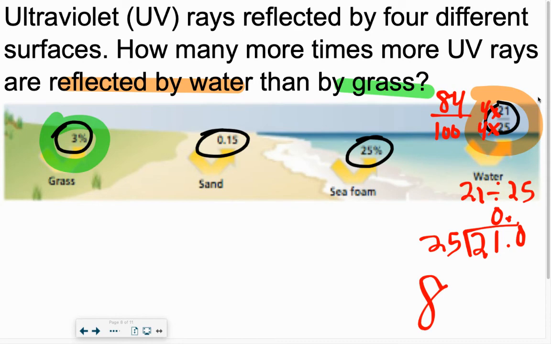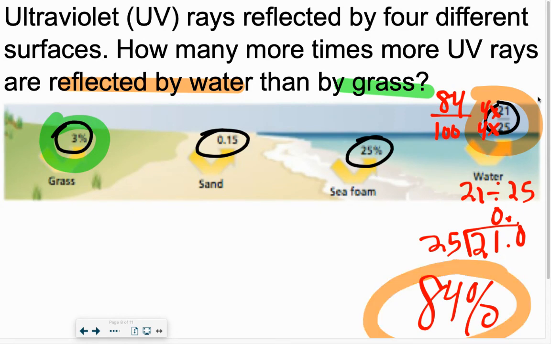Now it says, how many more times is water more reflective for UV rays than grass? How many more? So we're going to take that 84% reflective divided by the grass at 3%. Just divide them on out. We get rid of the percent signs. And when you take 84 divided by 3 with mental math or calculator, it gives you the answer 28.